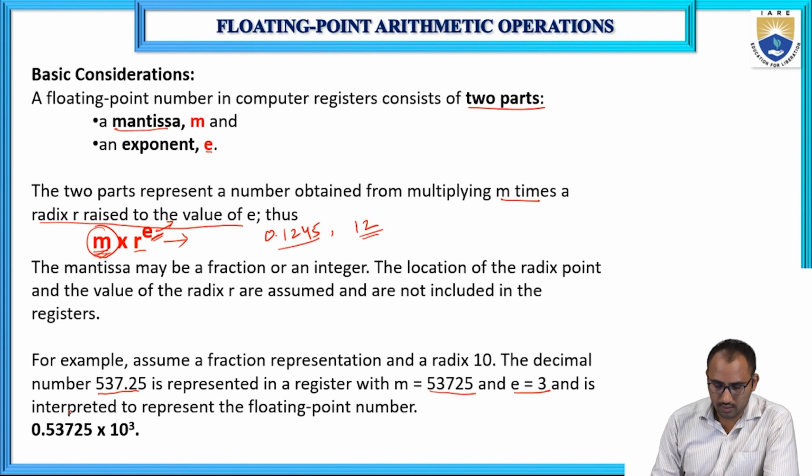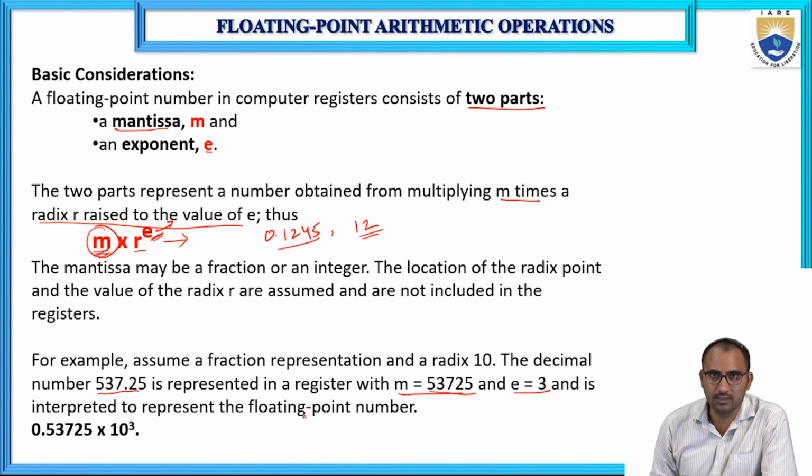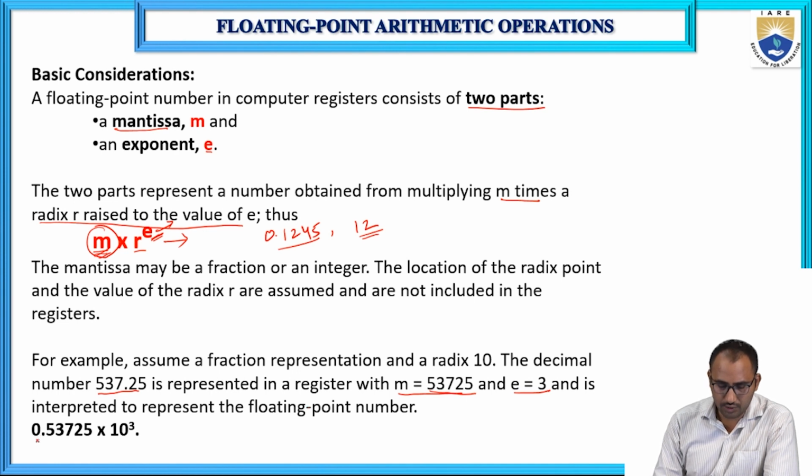So if the mantissa is 53725 and the exponent is 3, how do we represent it as a floating point number? In floating point representation, we represent it as 0.53725 into 10 to the power of 3.